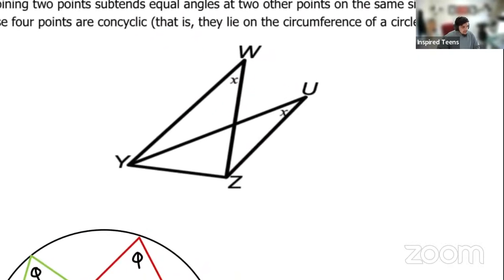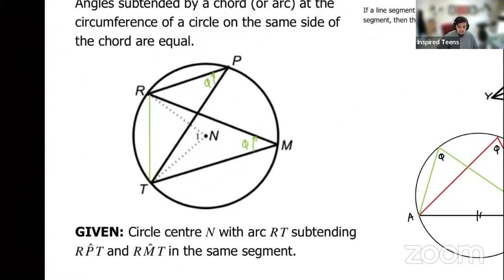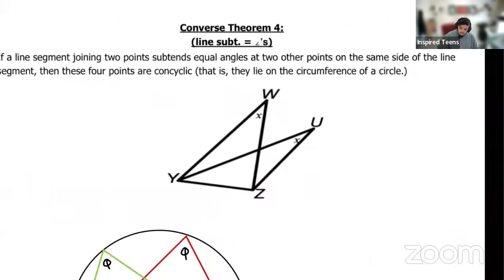Instead of being given the fact that it's in a circle and subtended by the same chord, we are given that W and U are subtended by chord YZ, and that W is equal to U. Since W is equal to U, subtended by the same chord, we can conclude this is concyclic, meaning all 4 points would fit on the circumference of a circle.